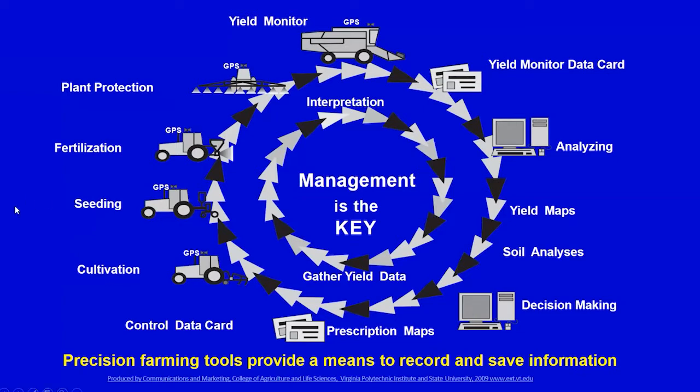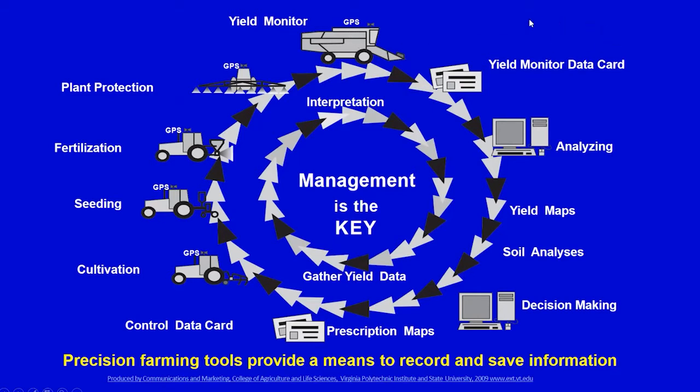Based on that, maybe you can apply side dress and improve the health of the plant in terms of fertilization or plant protection. And finally, when you're done, you will have a yield monitor to read the yield data and collect information about the yield per unit area.